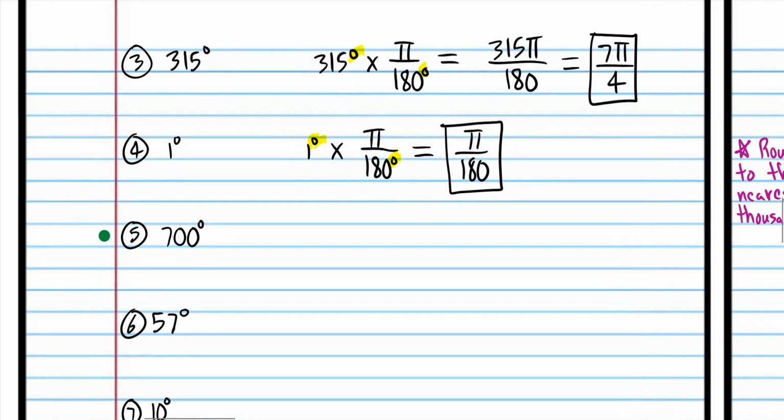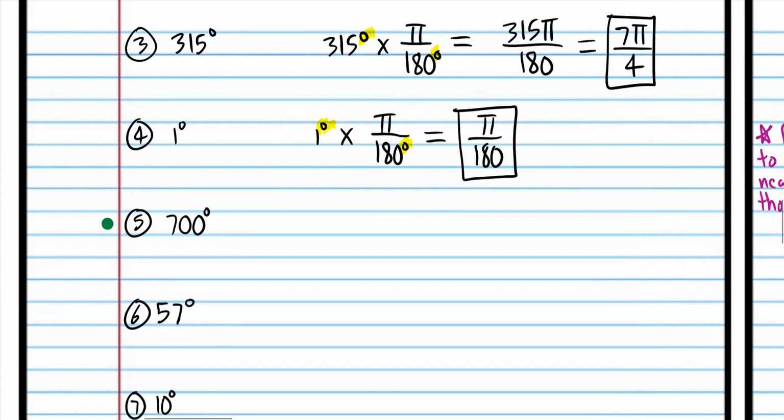So I want you to try number 5. Again, pi over 180 is your conversion factor. So start by rewriting 700 here, and then multiply by your conversion factor, pi over 180, and when you come back, we'll do it together. All right, we're back. So we get 700 pi over 180.